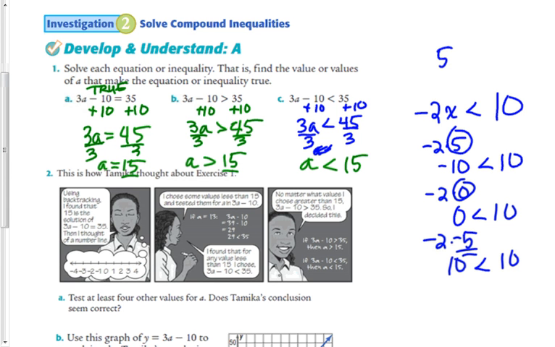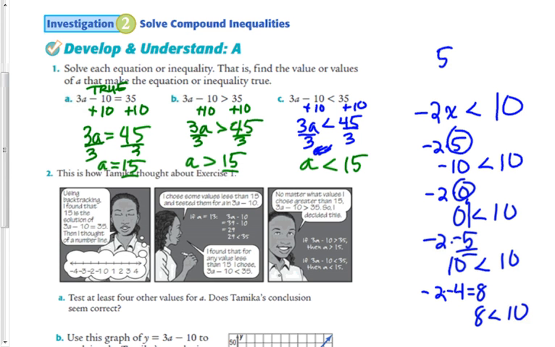But notice that these other two numbers are greater than that number. 0 is greater, 5 is greater. So how about negative 4? Negative 2 times negative 4 is positive 8, and 8 is less than 10.